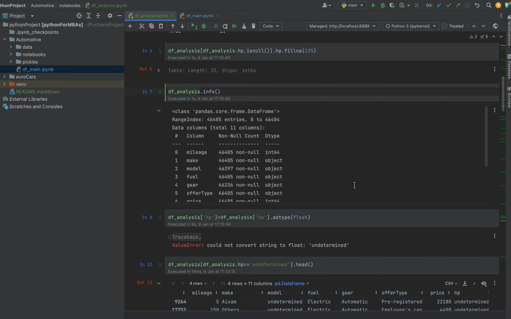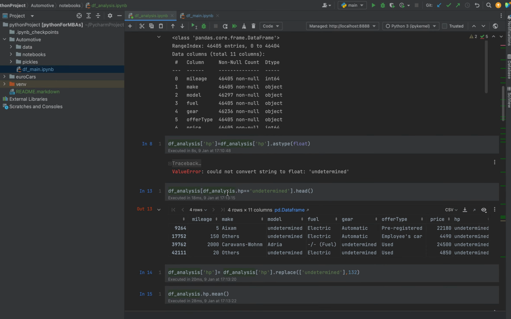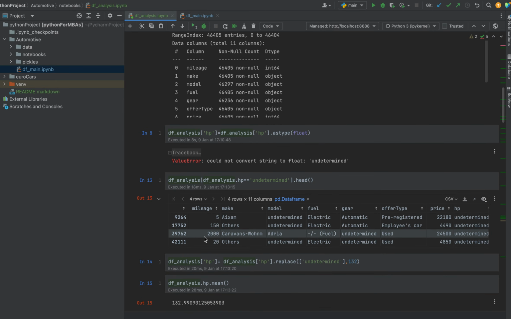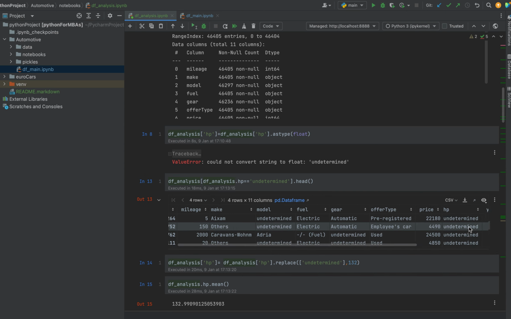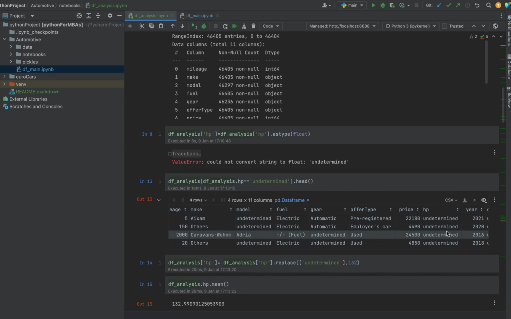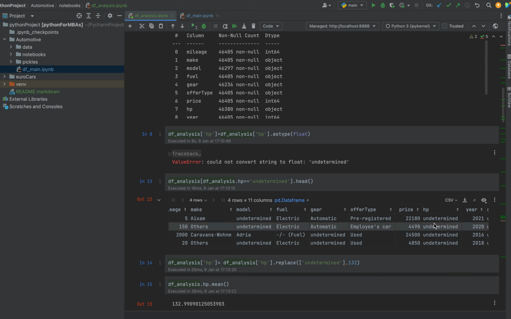So I had to go in and filter them out. There are only 4 of them, and they say undetermined horsepower. Because that's a string, it changes the data type of horsepower from a number we can compute with to something mixed, so it can't calculate.